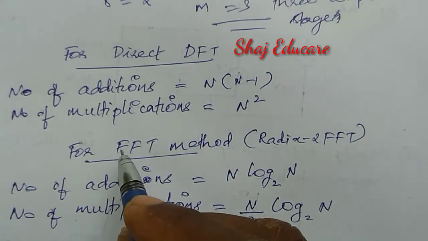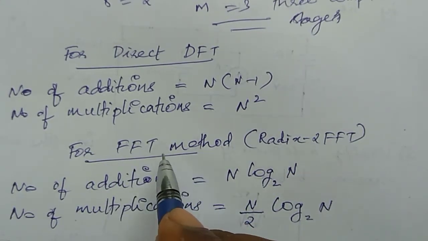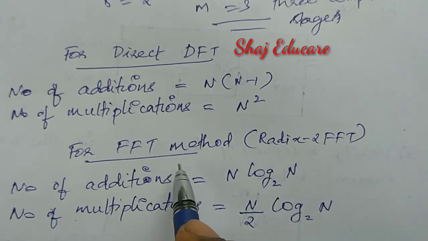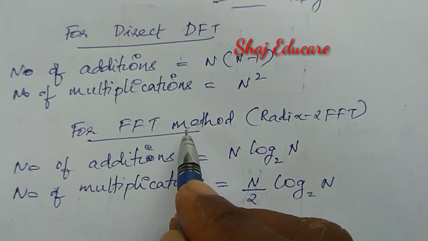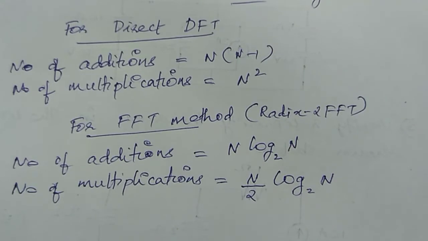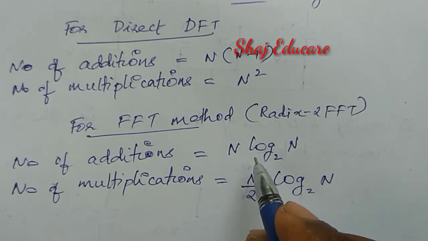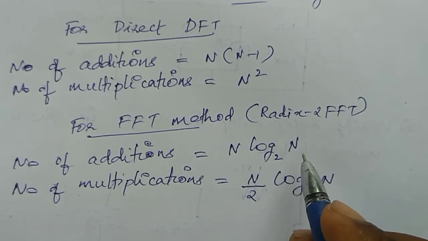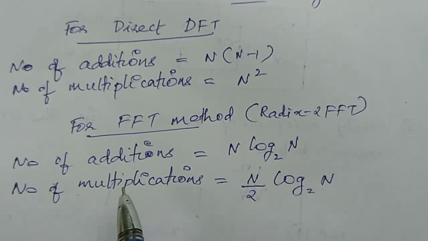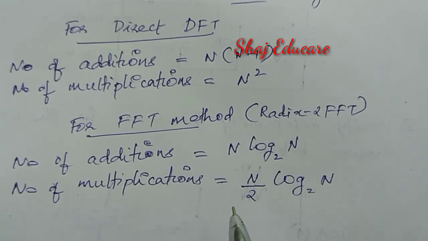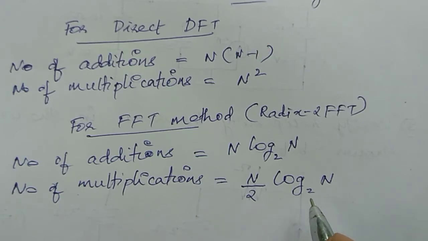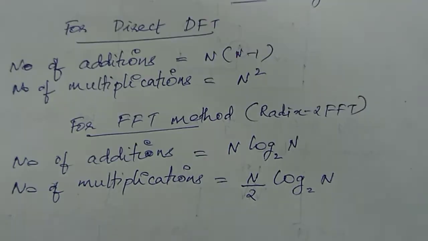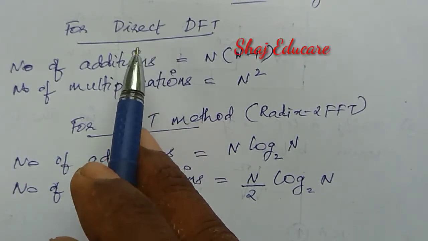And if we use the radix 2 FFT algorithm, then the computational complexity is reduced: additions are N log to the base 2 of N, and the number of multiplications is N by 2 log to the base 2 of N.